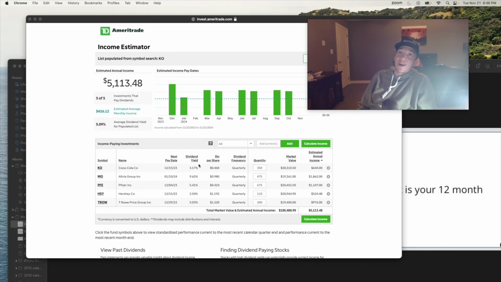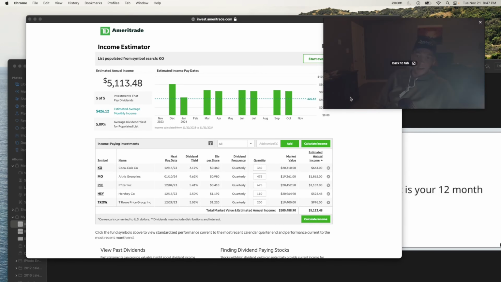SCHD is going to be there a year from now. Okay, so I threw together this portfolio with Coke, Altria, Pfizer, Hershey, and T. Rowe Price. Some stocks I've had my eye on or added in previous weeks and months. Equally weighted them at 20,000.